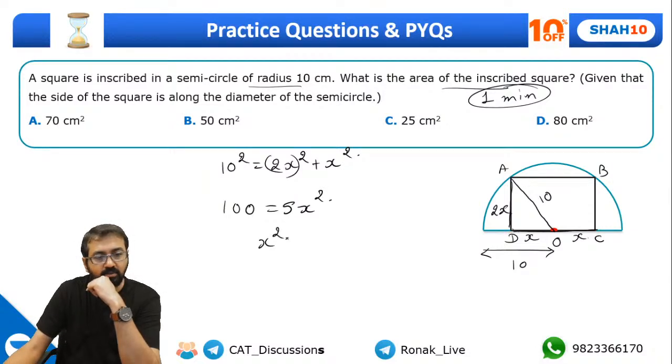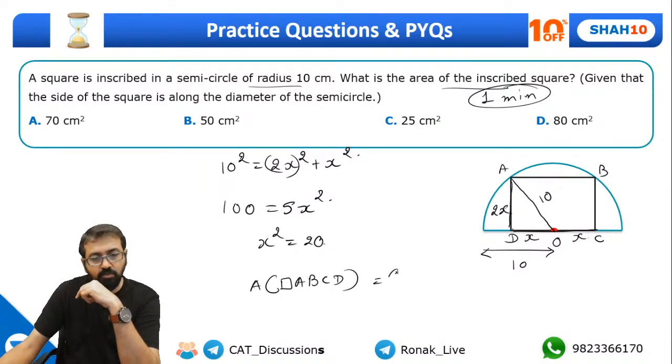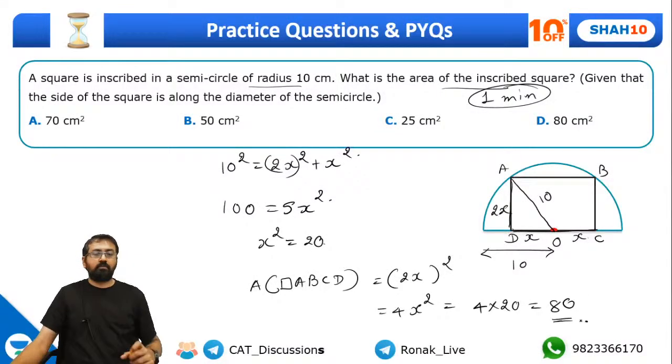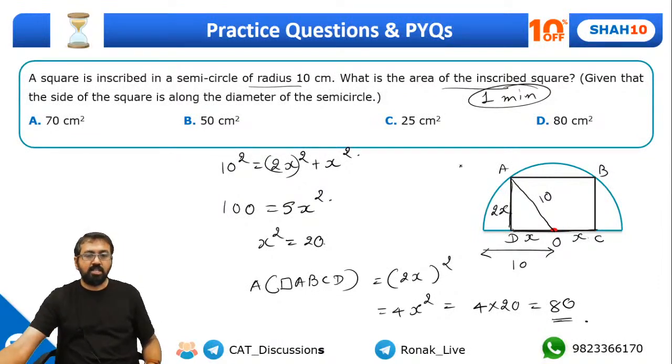So x square will be equal to 20. Can I say the area of quadrilateral ABCD is equal to 2x square? That means 4x square, that is 4 into 20. So it will be 80. Yes, that's your answer. The answer has to be 80 square centimeter.